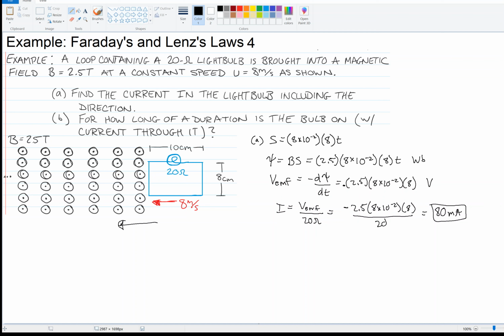So if you remember the right-hand rule, if there's a current that goes this way, clockwise, then you point your thumb of your right hand in the direction of current.